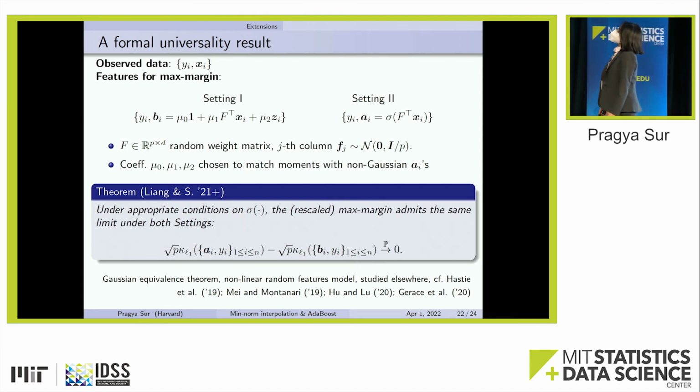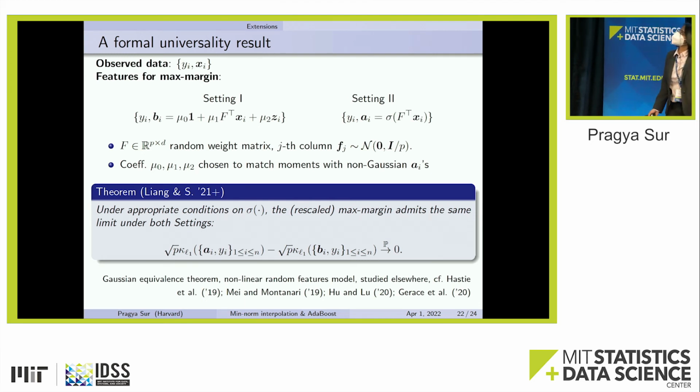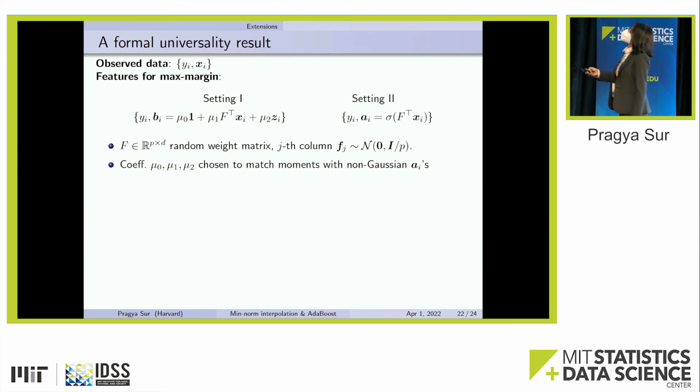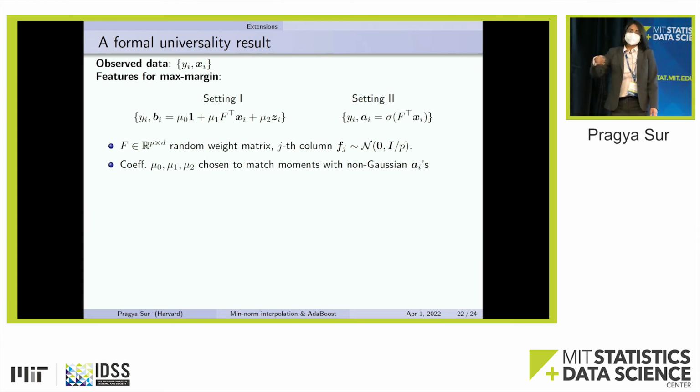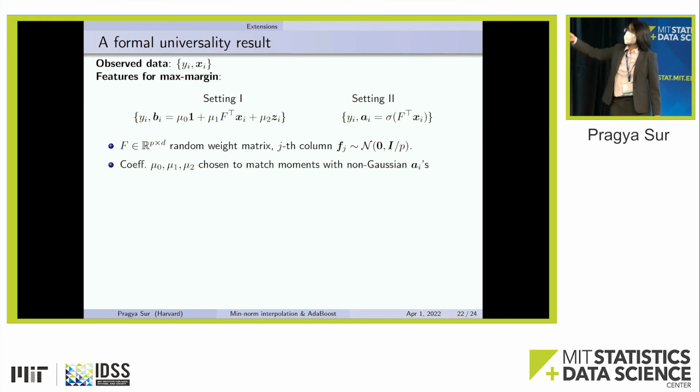That is, if you have some observed data from a Gaussian model, and you run things like AdaBoost, you compute things like the margin, but you do that on some nonlinear transformation of the original covariates. So in setting 2, the sigma is a nonlinear transformation, and F is some random matrix that has been applied to your original covariates. Suppose we calculate the margin or run AdaBoost with this setting 2 model.